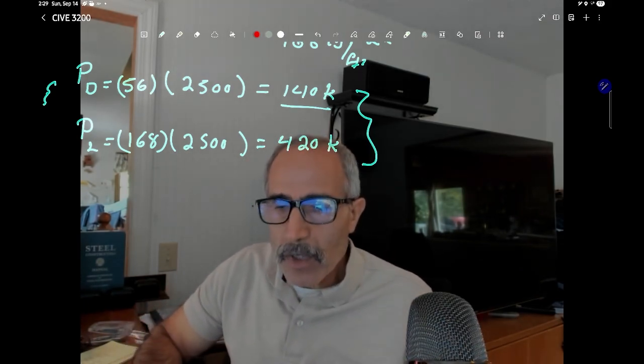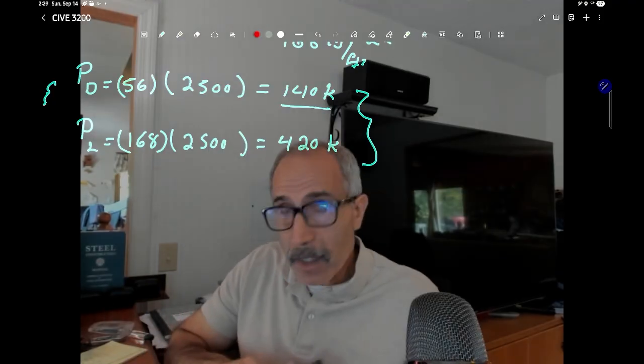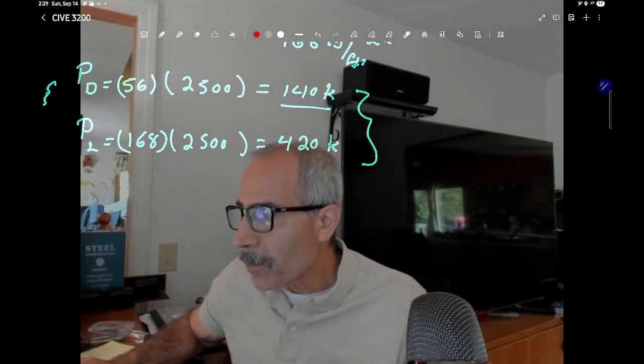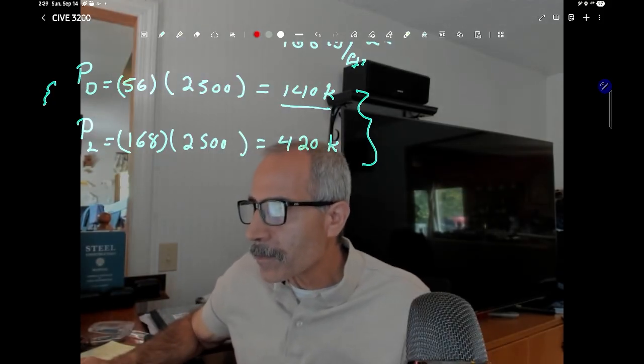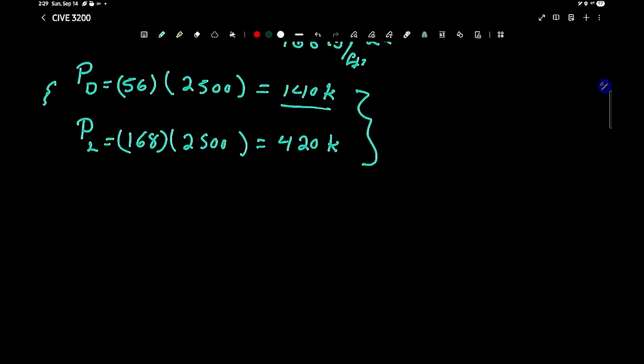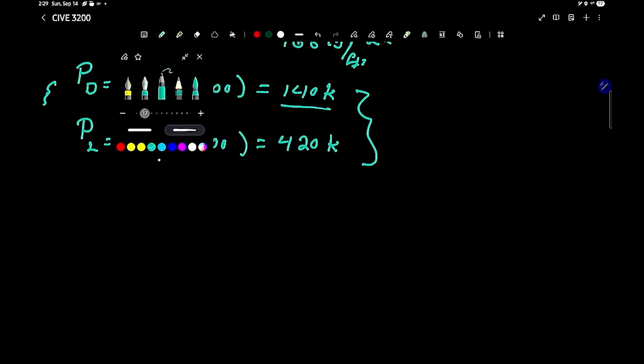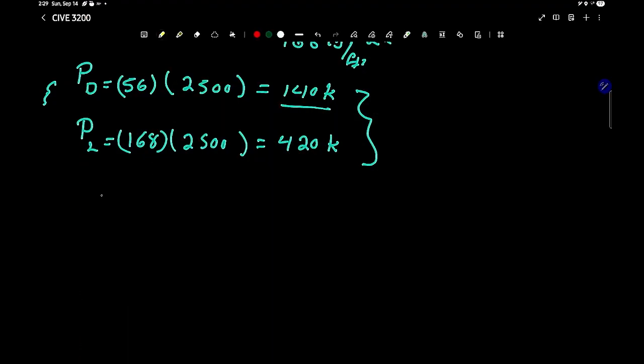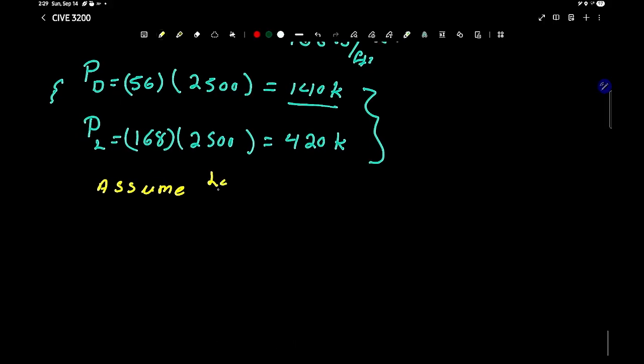And the way we're going to do that, let me write this down here. Let's assume an LC over R ratio of anywhere from 40 to 60 is good. Let's just use 45 for now.